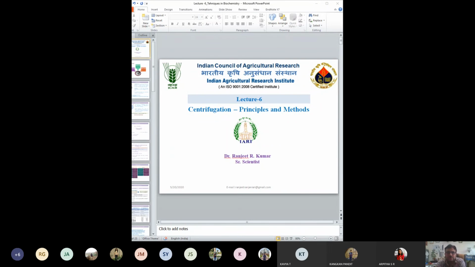Now, if we have to define centrifugation, it is basically a technique, as I have written here on the slide also, which is used to separate a particle based on specific physical characteristics of the particle, like size of the particle, shape of the particle, density of the particle, even the medium which we are using to separate the particle, that is the viscosity of the medium, and the rotor speed or the type of rotor which we are using.